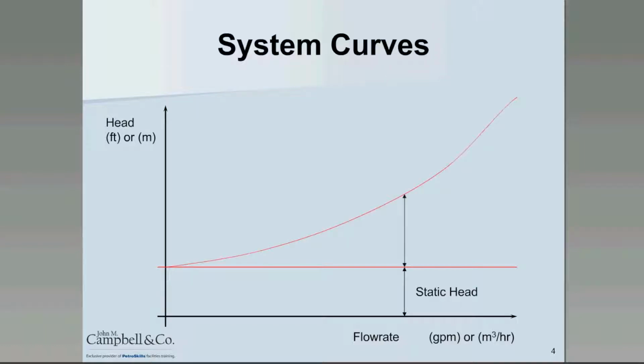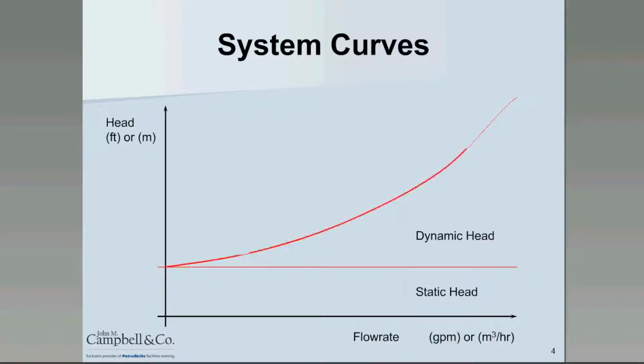And then the second component, which we've added right on top of here, we call the dynamic head. So this would be a function of friction, whether that's calculated due to friction loss in pipelines by a Darcy or a Colebrook-White equation, or whether that's a function of perhaps you've got a reinjection program and the number of reservoirs, and that reservoir nature will drive that dynamic head.